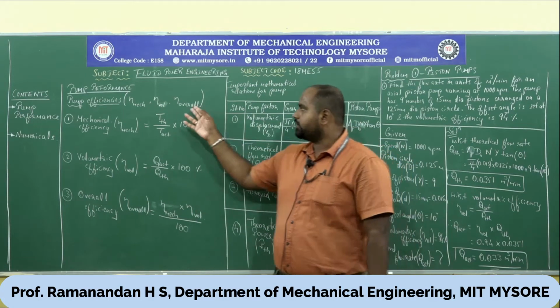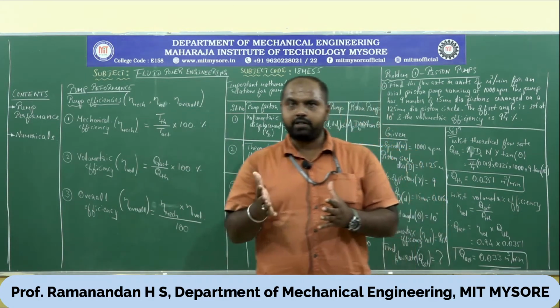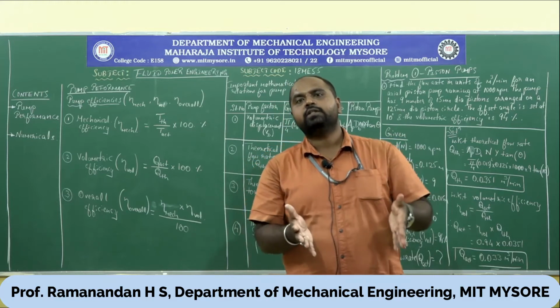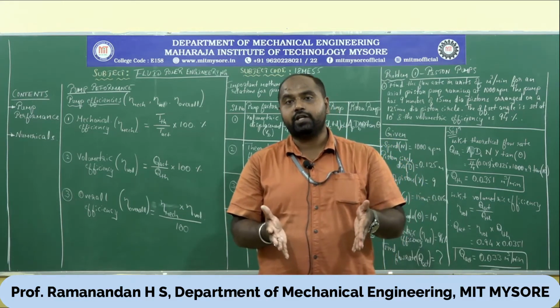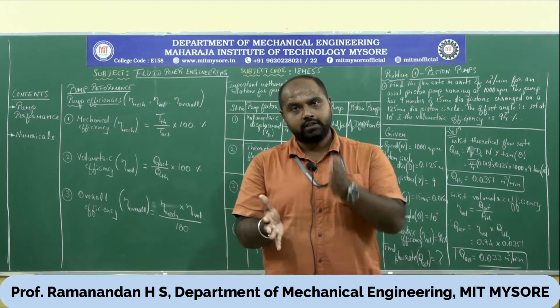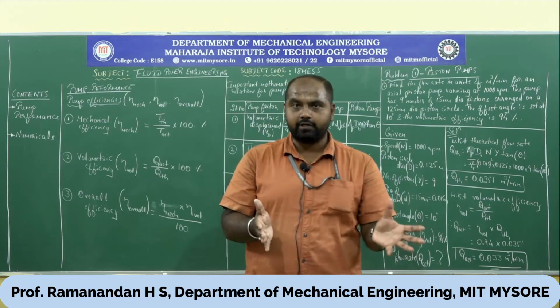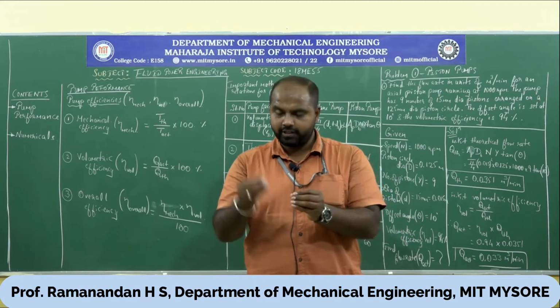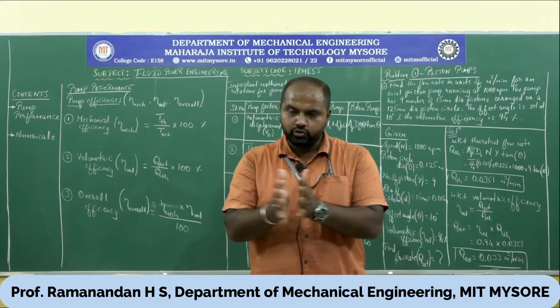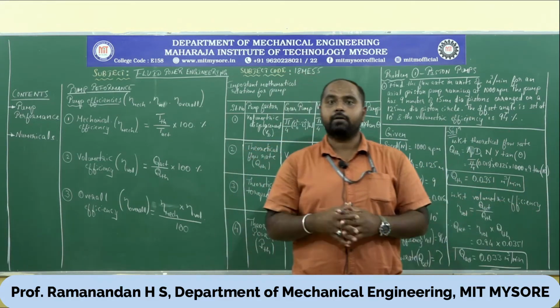The last one is a combination of these two, the overall efficiency, because that decides the discharge capacity of the machine. The torque of the shaft will decide the discharge of the pump, the oil being delivered on the delivery side. That is decided by the torque of the pump. So these two collectively will give us the overall efficiency of the pump.